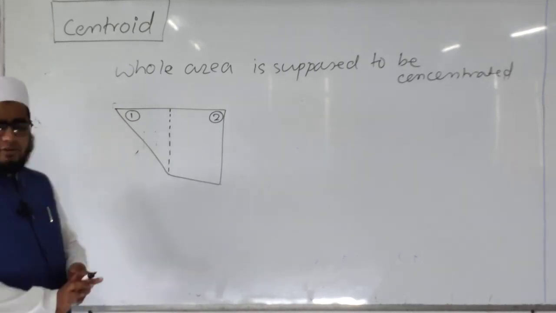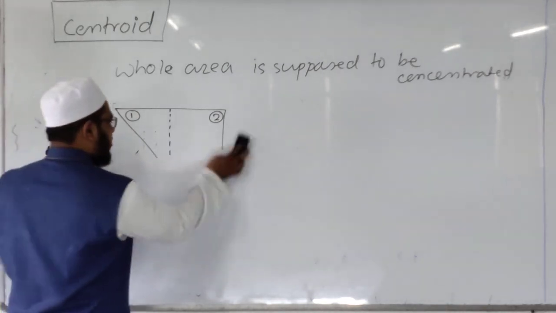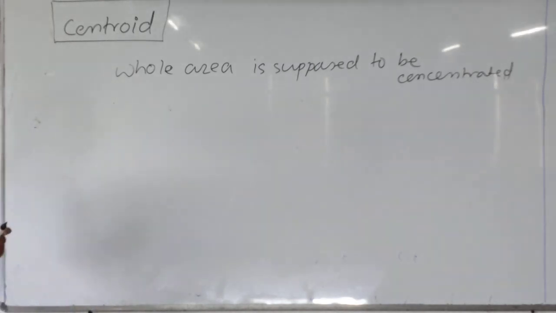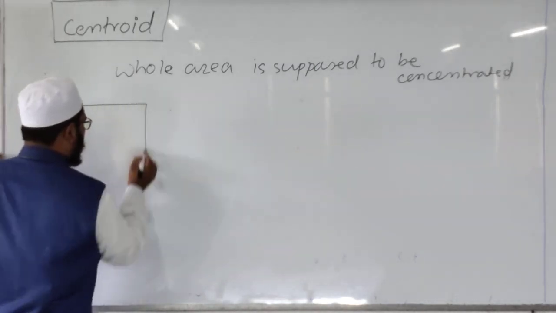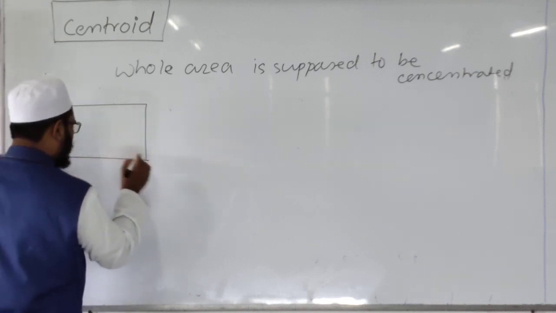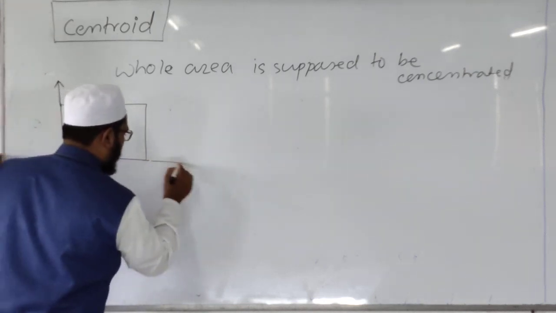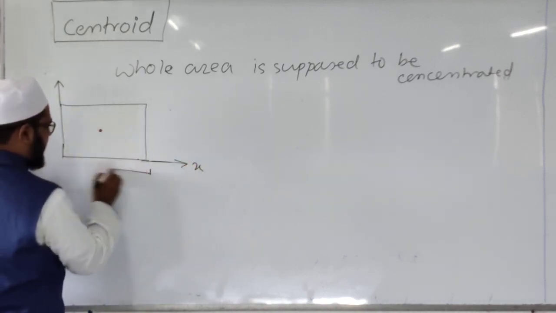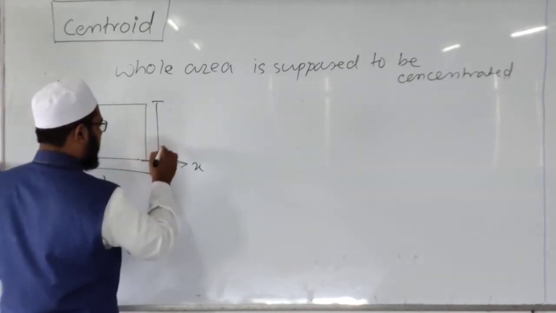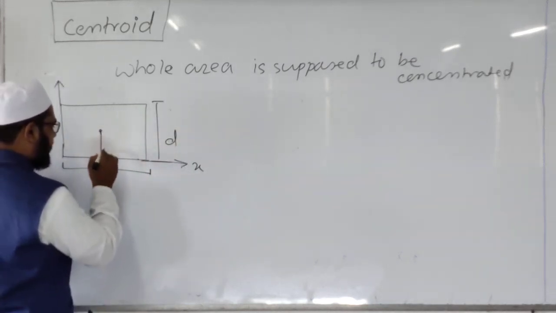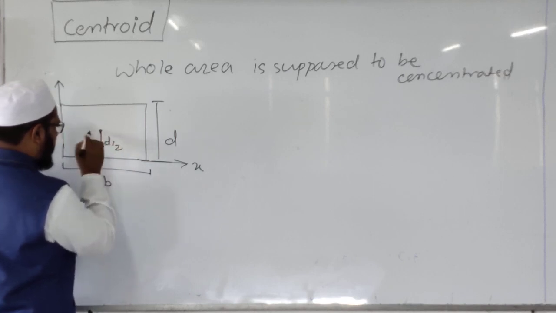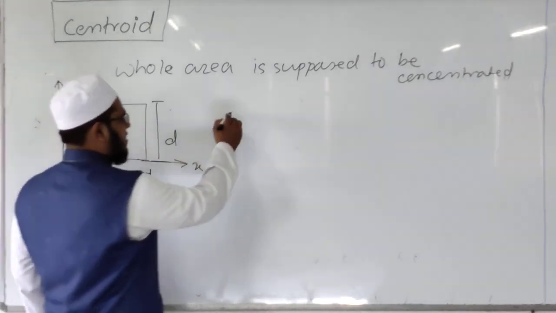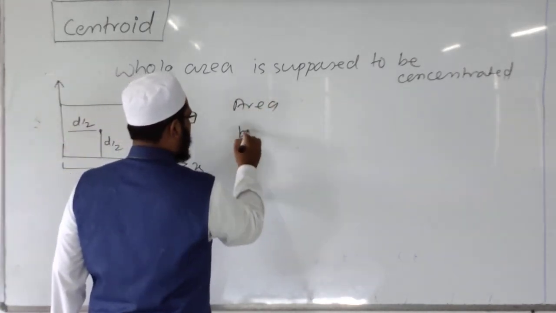For determination of the centroid of the irregular figure, we require the centroid of the standard figures. We will write the centroid of standard figures here, which are already known to us. For understanding, if it is a rectangle having width b and depth d, then the centroid is at b by 2 and d by 2. Area is b into d.